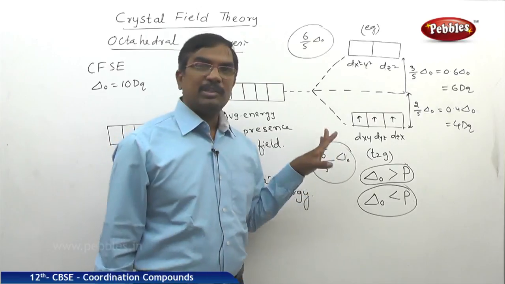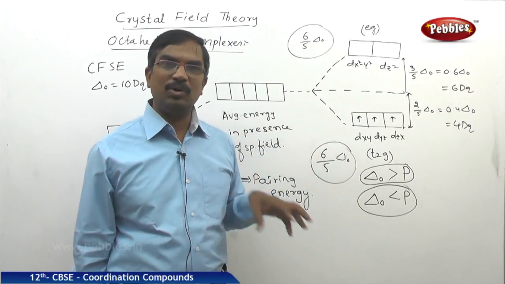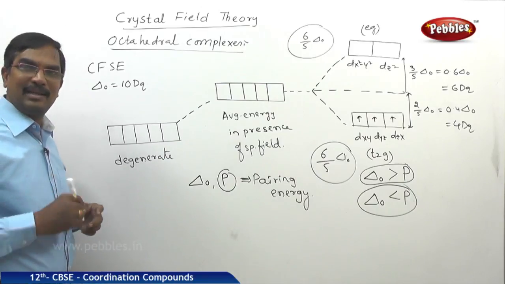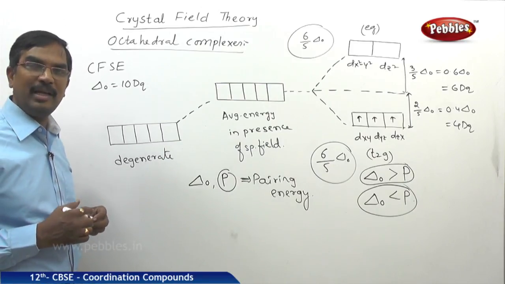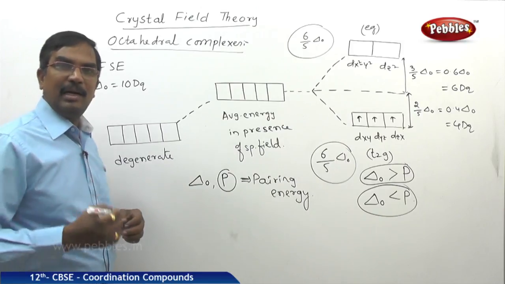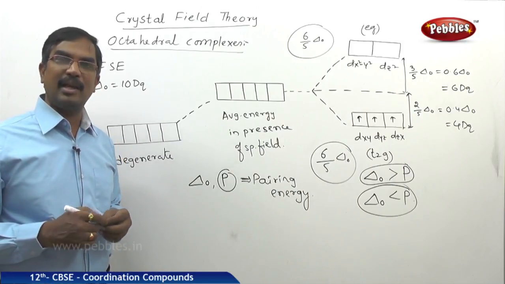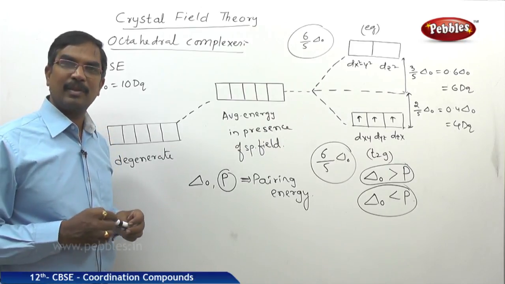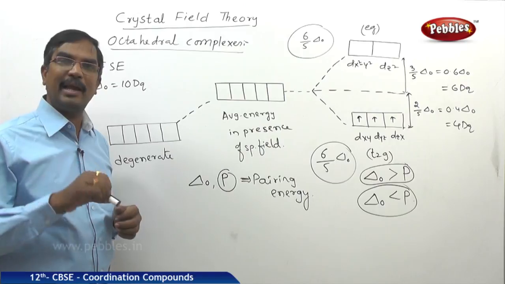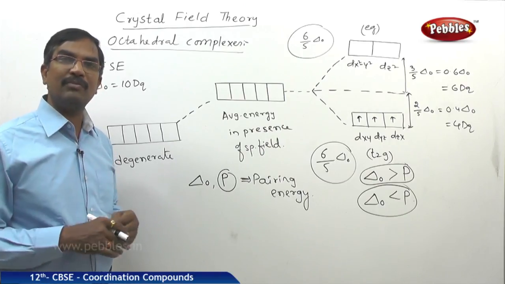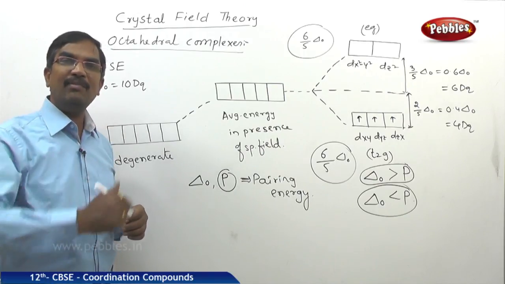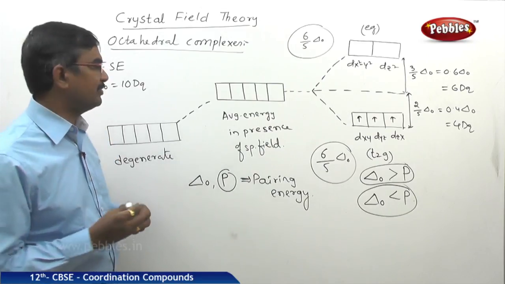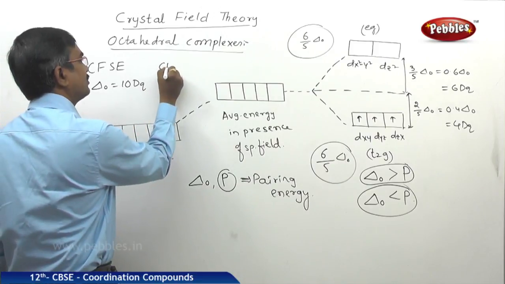So we already discussed briefly the field given by the ligands. We have different kinds of ligands, like strong field ligands as well as weak field ligands. In the presence of strong field ligands, the pairing will generally occur. Suppose you come across CN minus.